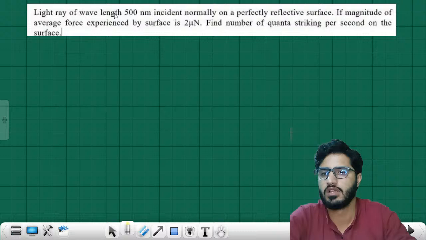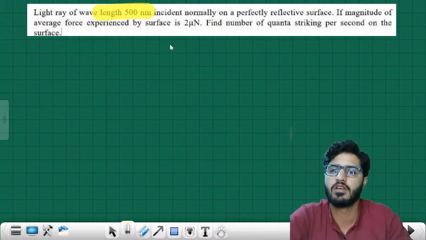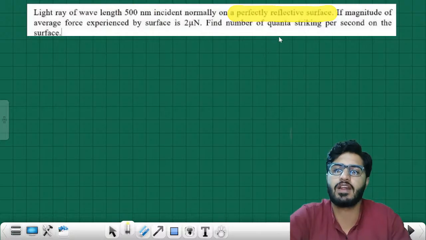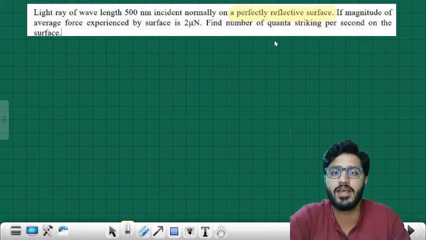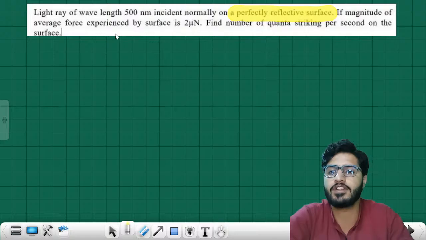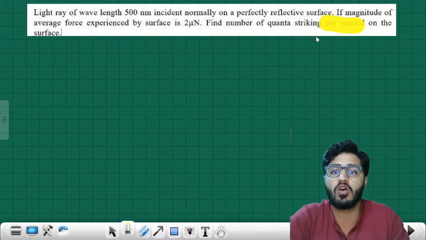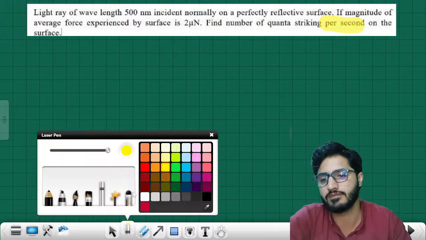Wavelength is 500 nanometer. Perfectly reflecting surface. Perfectly reflecting surface simply indicates what? 100% reflection. 2nh by lambda, right? If the magnitude of average force is 2 micronewton, find number of quanta per second, that means small n. So we have to find out small n.